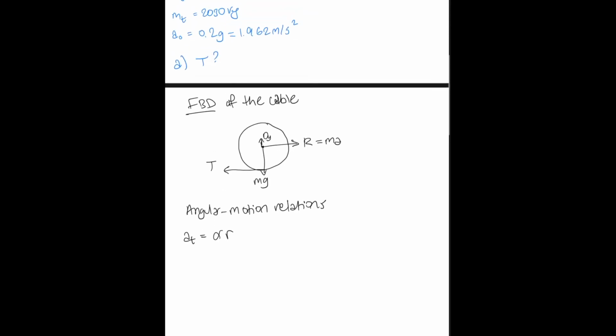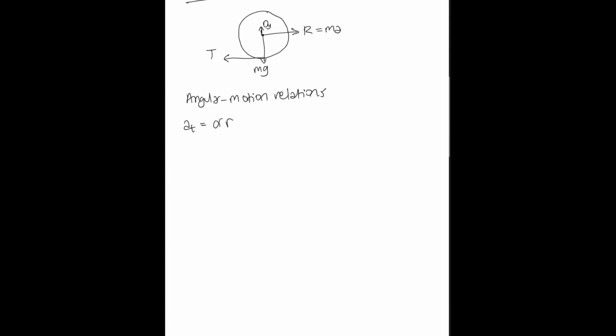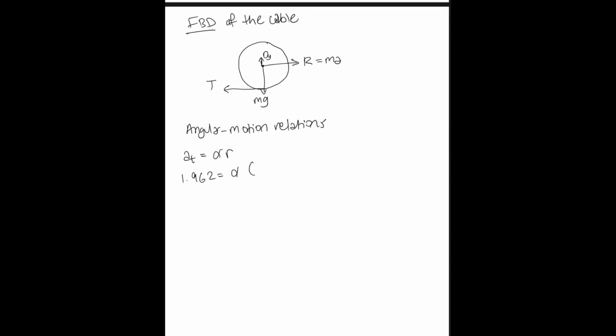And since we already have the tangential acceleration over here, which is 1.962, we can easily find the angular acceleration. It's just going to be divided by the diameter over 2 to get 2.616 radians per second squared.